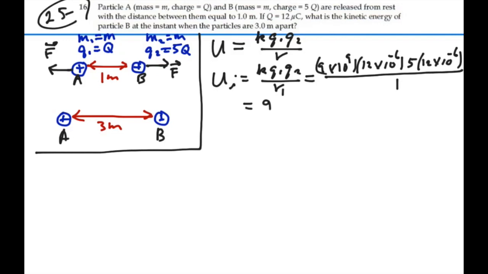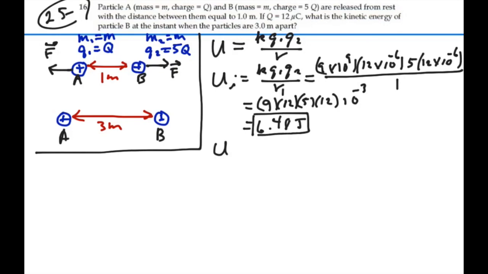So this is going to be 9 times 12 times 5 times 12, and 10 to the 9 times 10 to the minus 12 will be 10 to the minus 3, over 1. So that's going to be 6.48 joules.